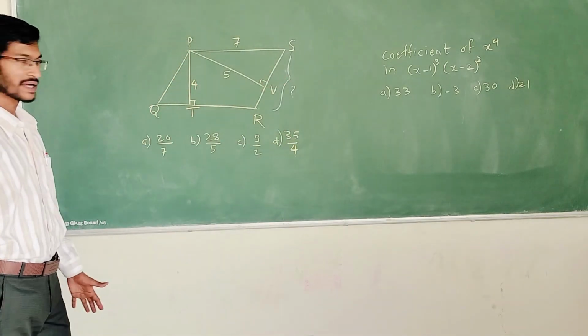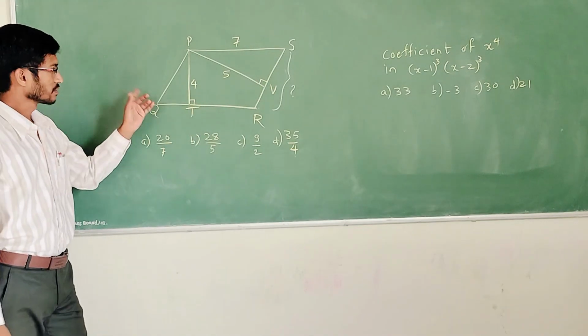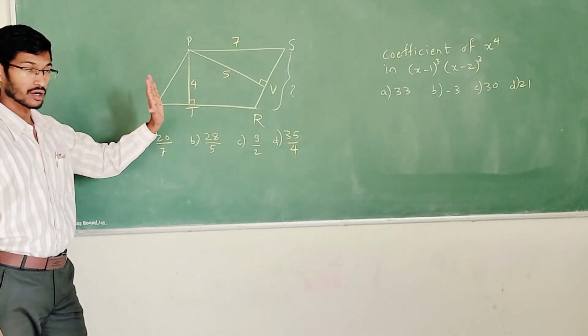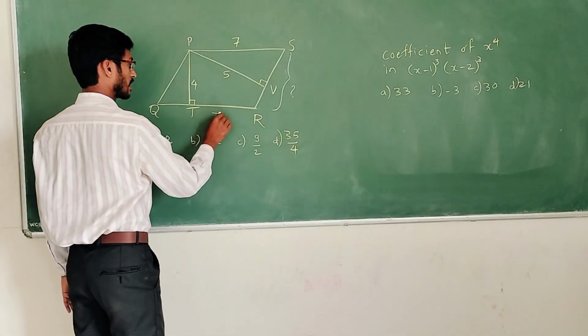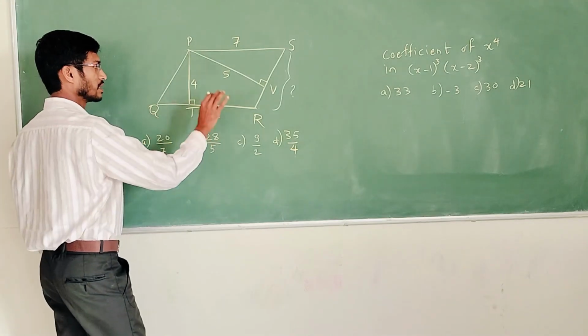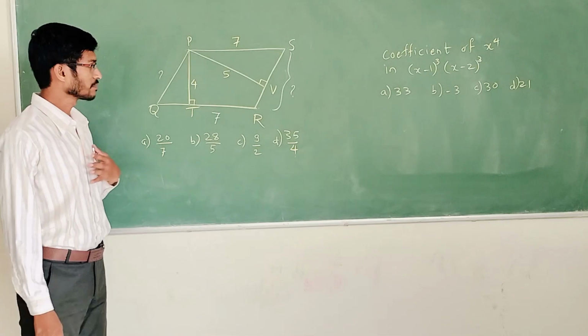Now here we have RS as well as PQ. These two must be the same because it is a parallelogram, and QR and PS are also the same. So here it is 7 and we have to find this one. So what will be the answer?